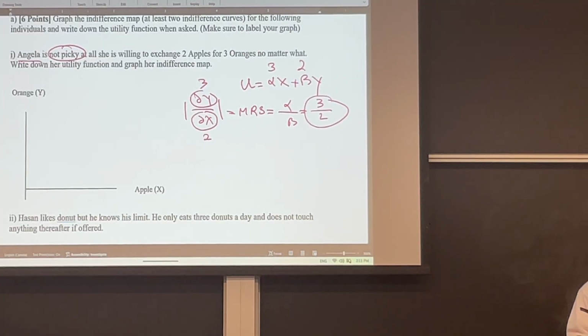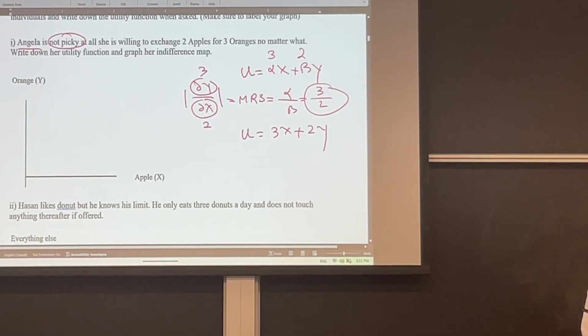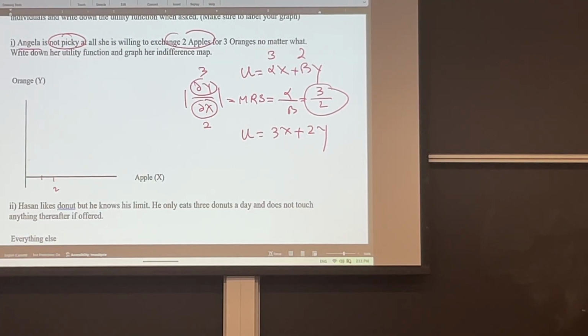He likes apple 50% more than orange no matter what. So the utility function for him is this one. If you want to graph it, put 2 here, that's 2. Put 2 here. Put 3 there.